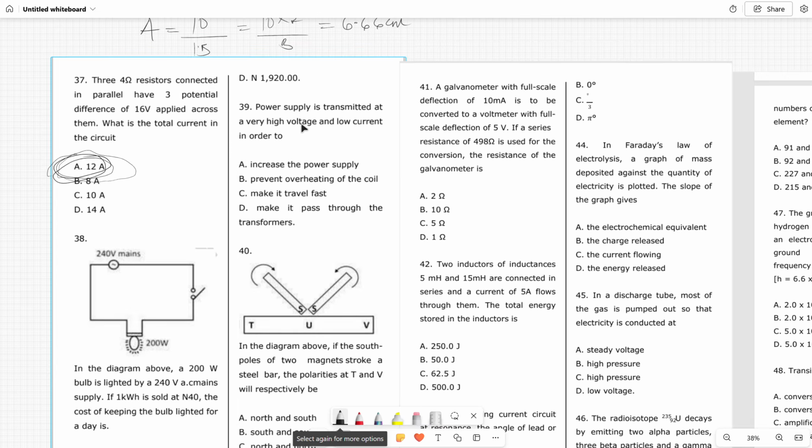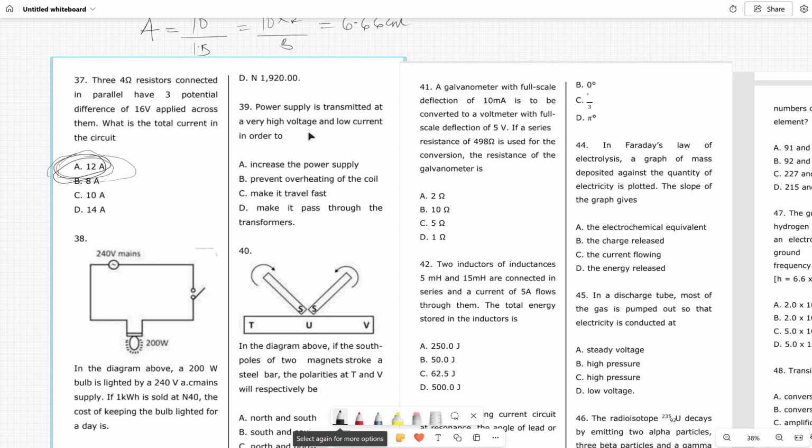39. A power supply is transmitted at a very high voltage and low current in order to... at a very high voltage and low current, power is transmitted so as to reduce the effect of overheating. Overheating is the reason why power is supplied at very high voltage and low current.